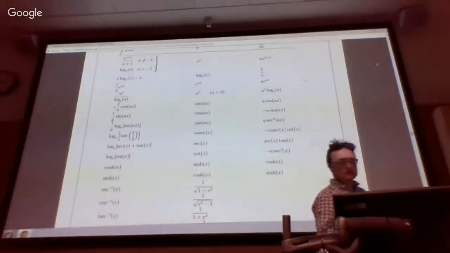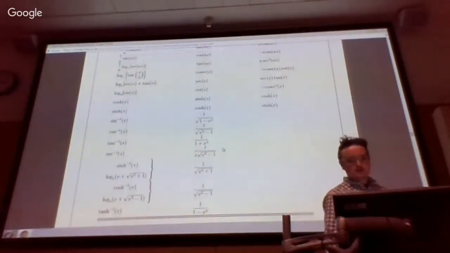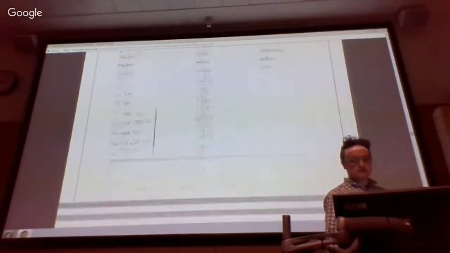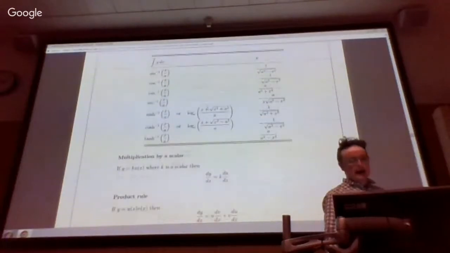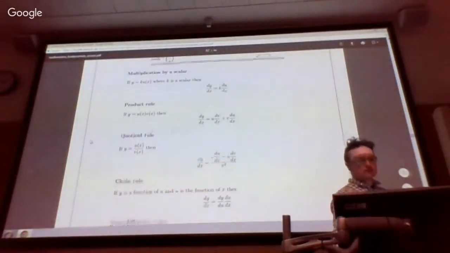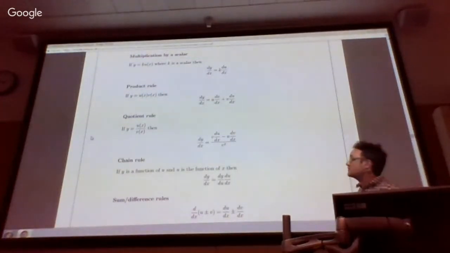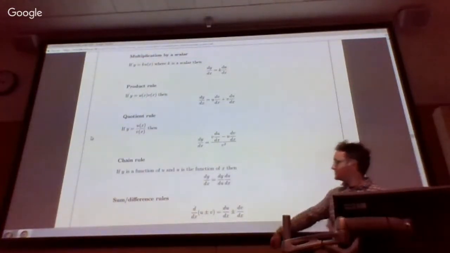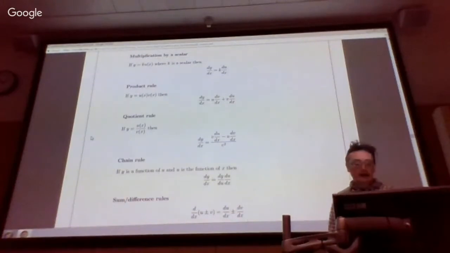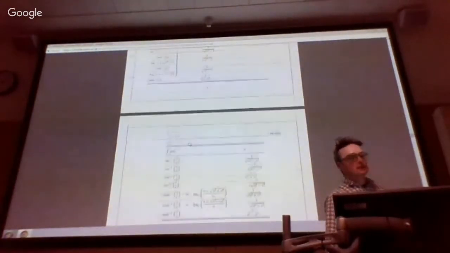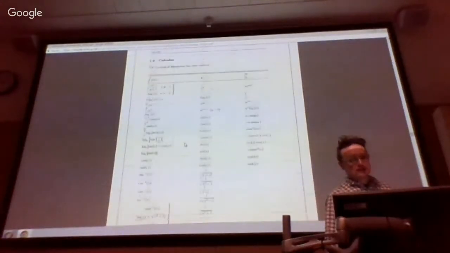So it's quite a useful table, which we'll refer to from time to time. We've already maybe proved some simple cases of some of these initial results. It summarizes those rules about linear combinations, product rule, quotient rule, chain rule, and so on, sums and differences, the linearity. It summarizes those on the second page. So you should be familiar with these two pages. They'll be part of your toolkit for the exams.